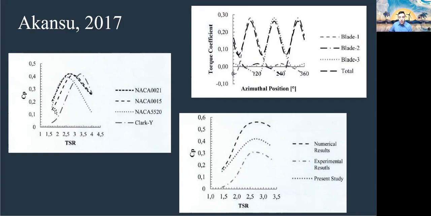These are some blades with different chord length. I'm not able to explain what exactly the chord length is, but you can notice a trend, which you'll also see in some other studies, where the power coefficient goes up and then is constant for just a bit and then starts to go down or decline.